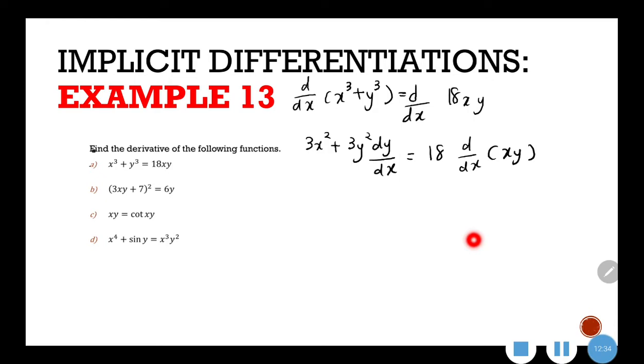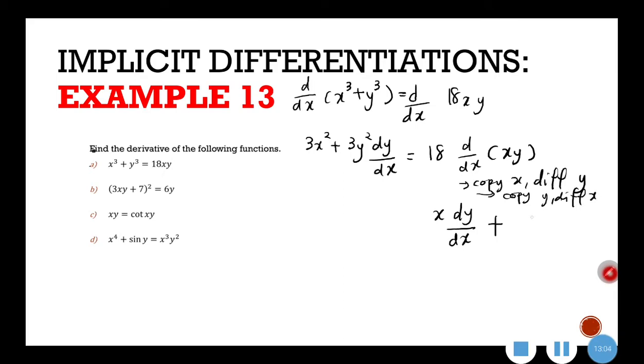Okay, so the d dx of xy, first I will write again here, copy x differentiate y. So copy x differentiate y, you will get what, class? dy dx, and then plus copy y. Next step is copy y differentiate x. Okay, copy y differentiate x, you will get 1.